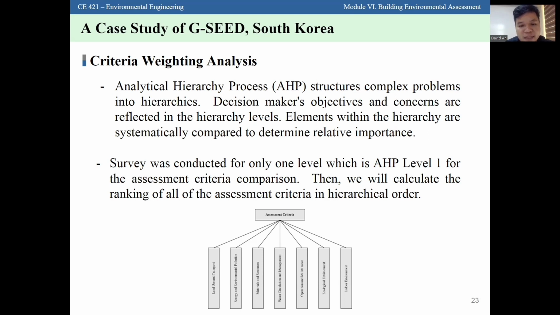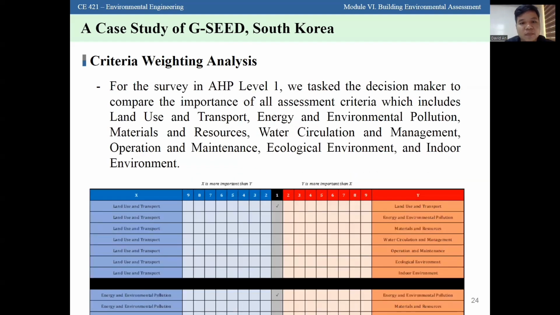We only apply the level 1 AHP because we just want to weight the 7 criteria of GSEED. For the survey of level 1, we ask the decision maker to compare the land use and transport with the other criteria, and we got the answer as follows.